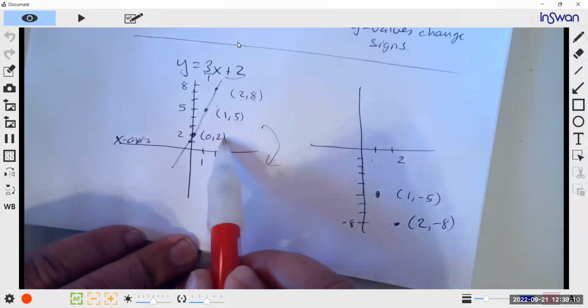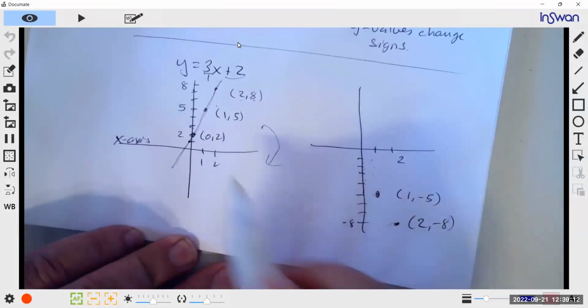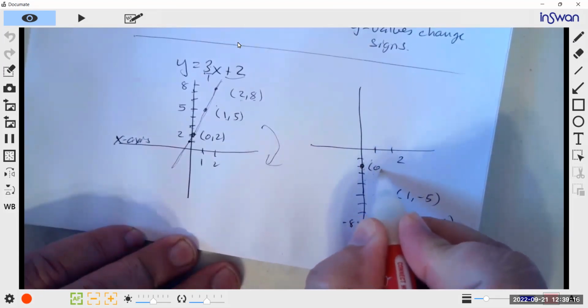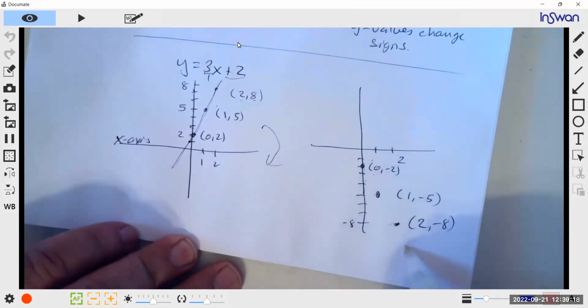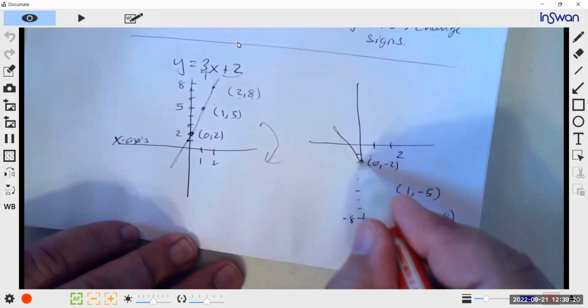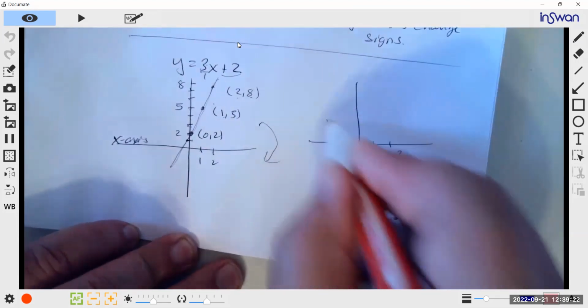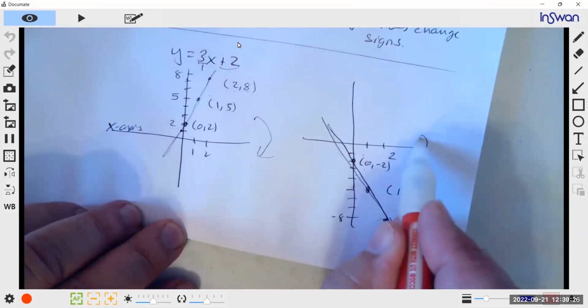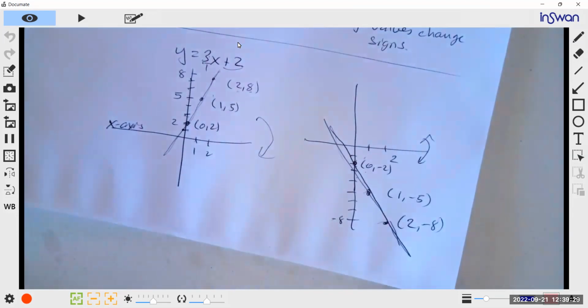At 0, 2, leave the x alone at 0. It would be at negative 2 now. And there's our graph. So these two graphs are the same. It's just that they're flipped over the x-axis.